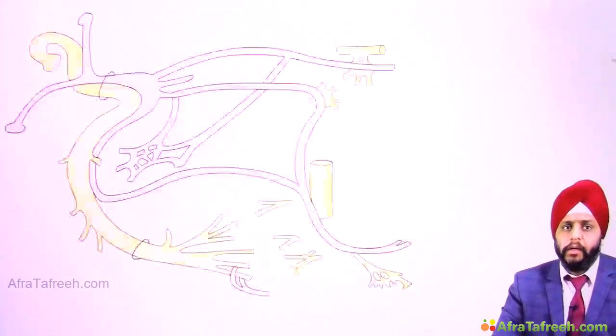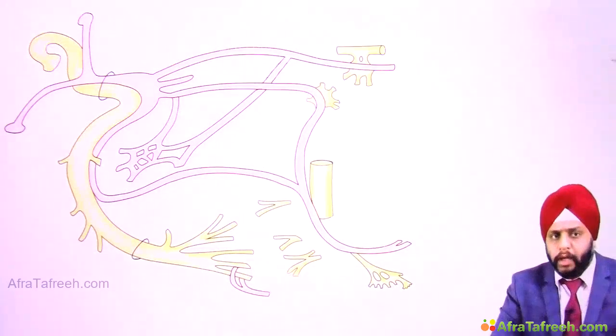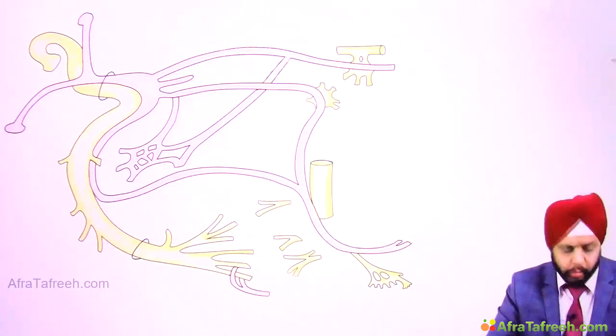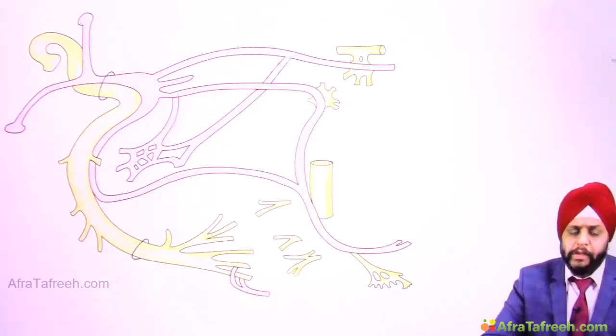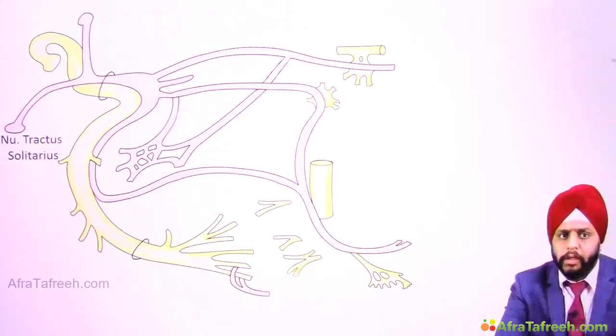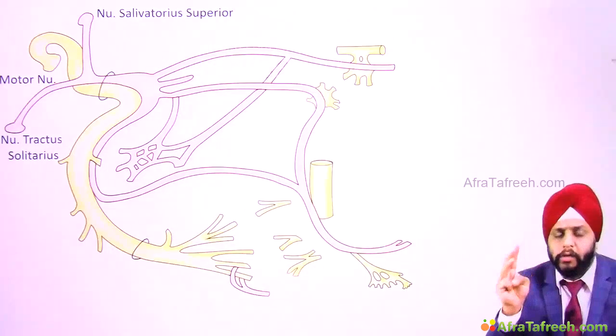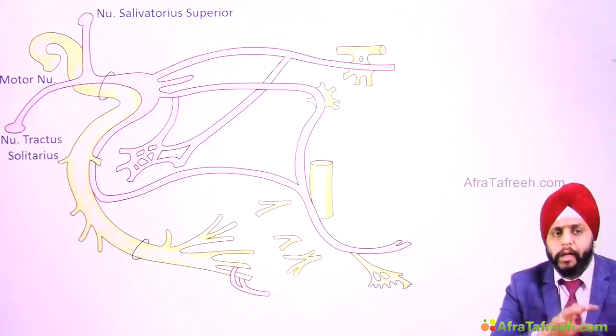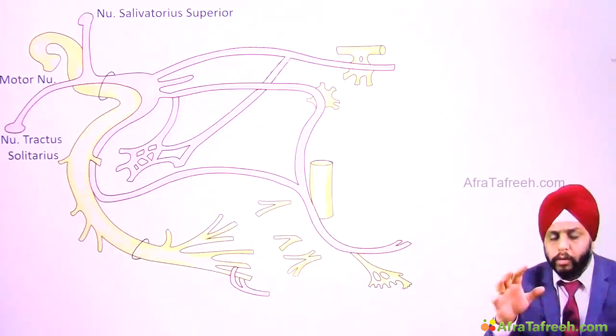Now let's come to this diagram. Let's revise all that we have just studied. So what did we study? We studied that the facial nerve starts from three nuclei. Which three nuclei? Nucleus tractus solitarius, nucleus salivatorius superior, and motor nucleus in pons.